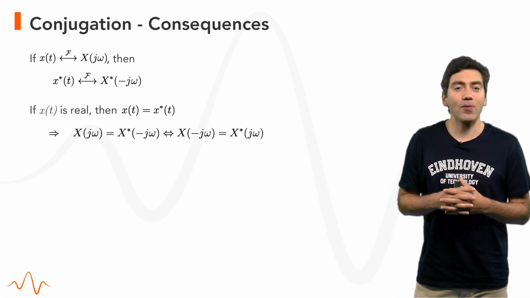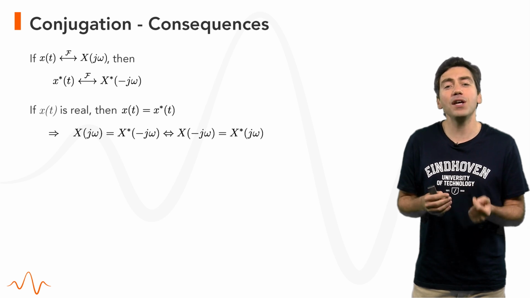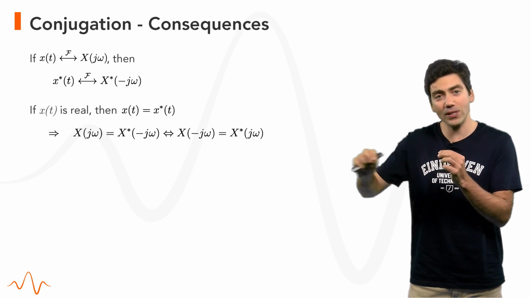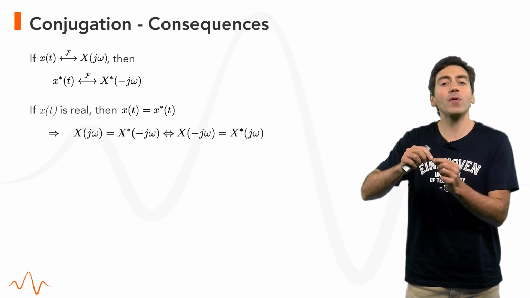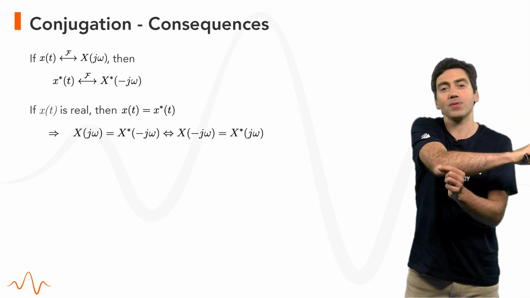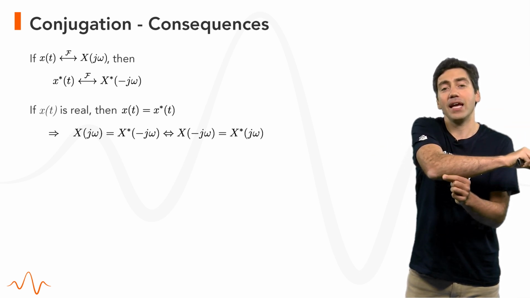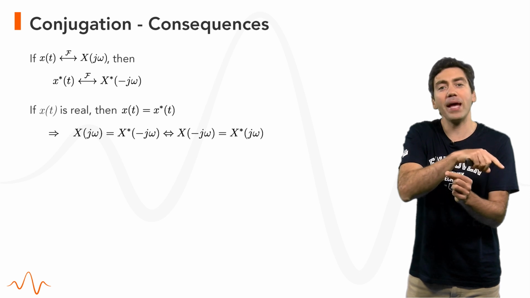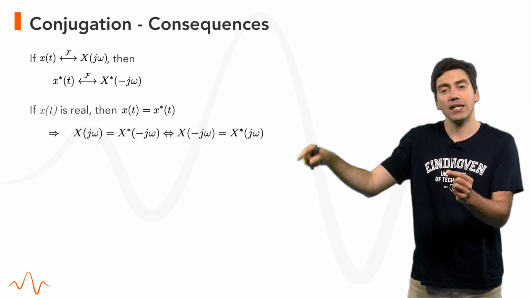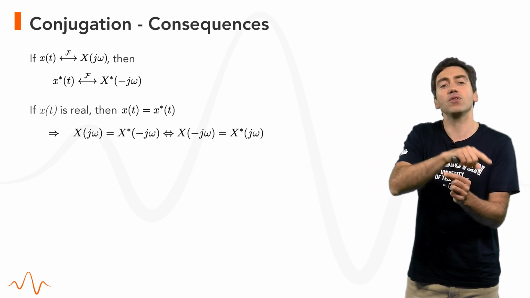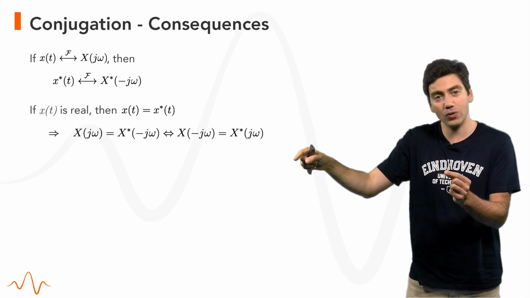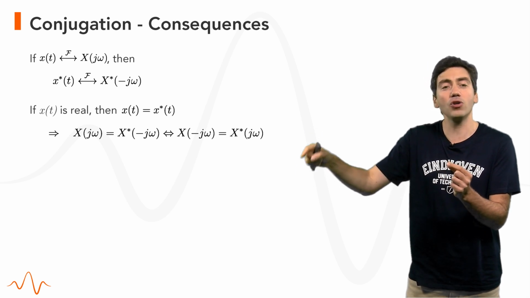This leads to some important conclusions. The first is that if we know X of j omega for positive omega, we also know X of j omega for negative values, because X of minus j omega is equal to capital X conjugate of j omega.